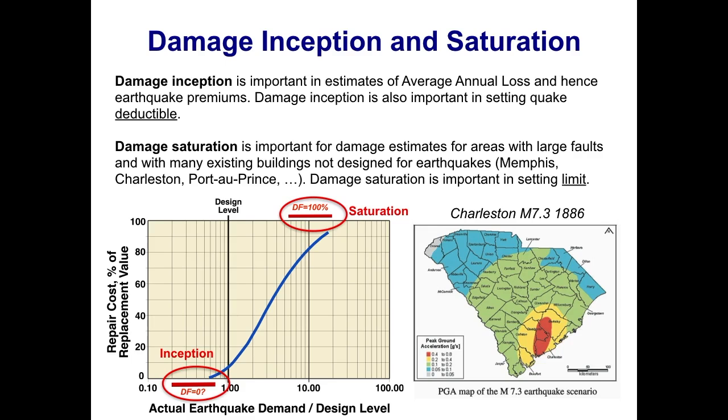Damage saturation is important for damage estimates in areas of large faults with many existing buildings not designed for earthquakes. Here you can expect very high levels of damage from a significant portion of the portfolio, and so damage saturation is important, particularly in setting the limits of loss or the limits of liability in insurance.